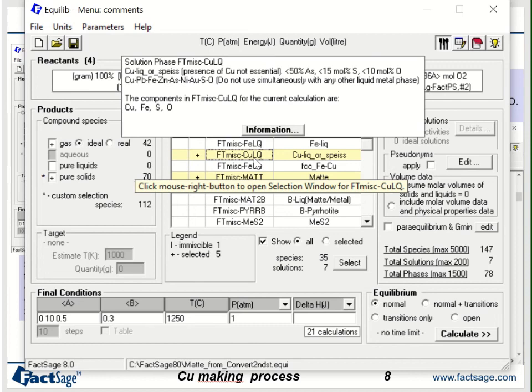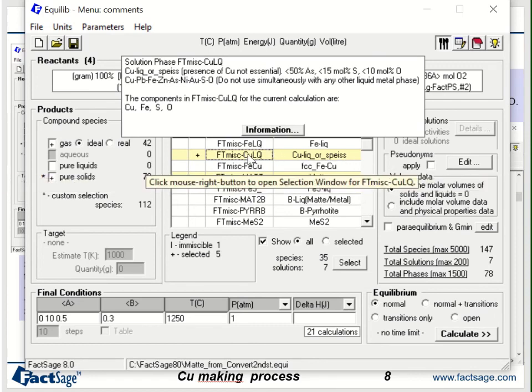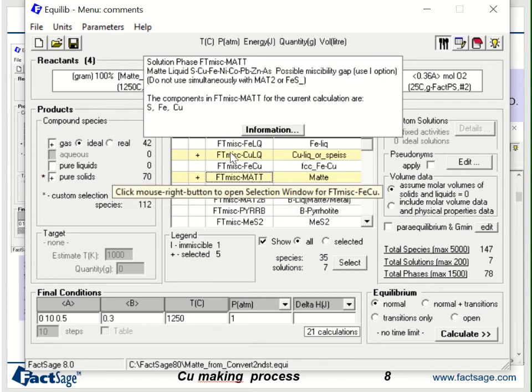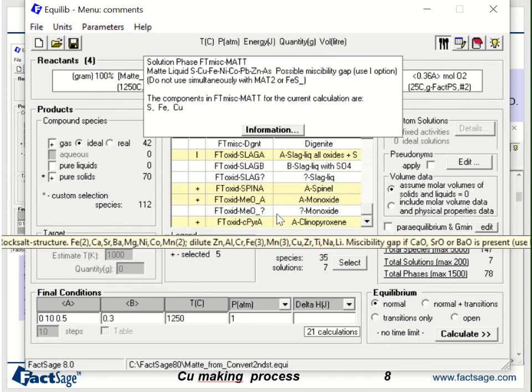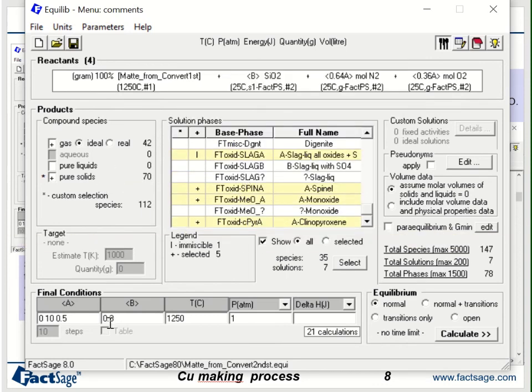Again, I'm selecting phase selection, only taking Cu, Lq, and the met from FT miscellaneous, and everything from the FT oxide, etc. And 1250, and this B is extremely sensitive because we have a very small amount of iron still remaining in the met from the first stage of the converting process.